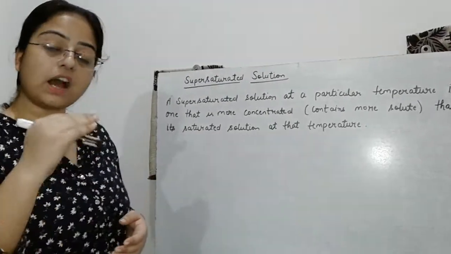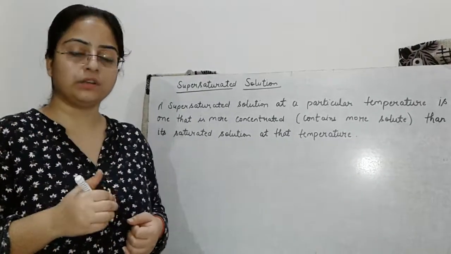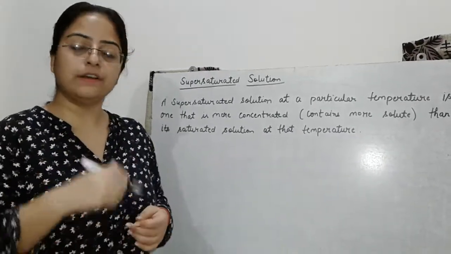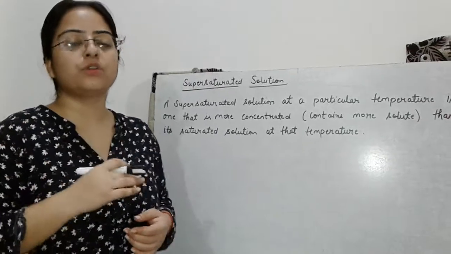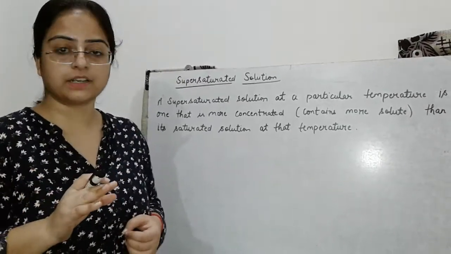Now we will again cool that solution, which is prepared by adding more solute, back to room temperature. We will cool it back to room temperature in such a way that it should not be disturbed physically.